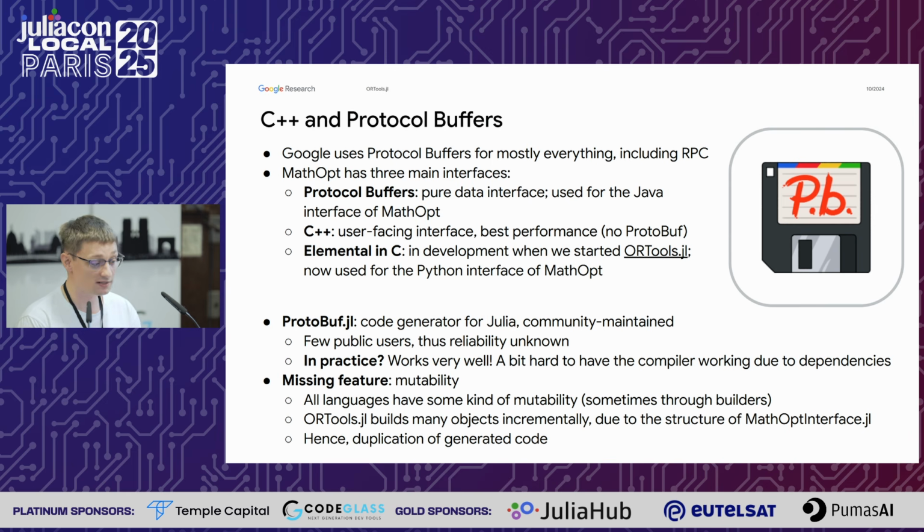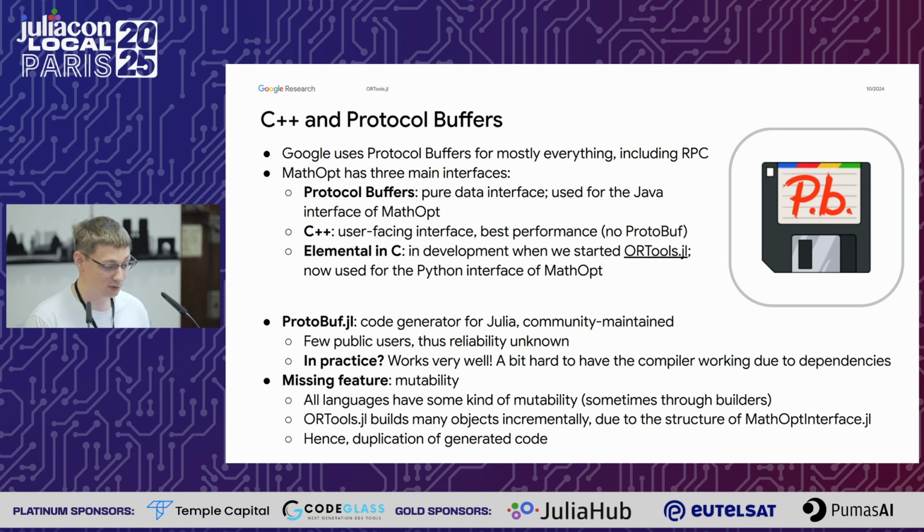And it's so great that for now the Python interface uses this C API to access MathOpt. So we're talking about 3 languages targeting the same library, and we're using 3 different ways to use that library, just because of how things develop over time and what's easy to access from one language to the other.